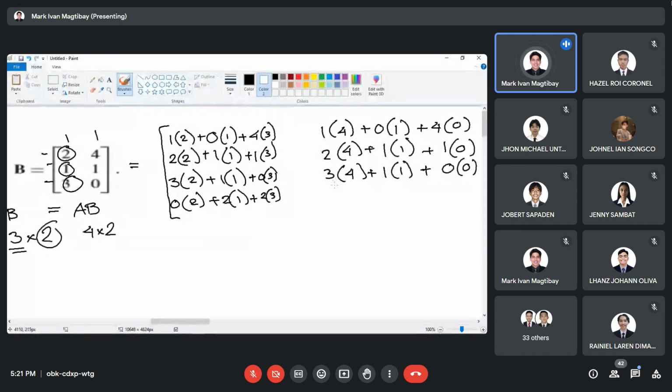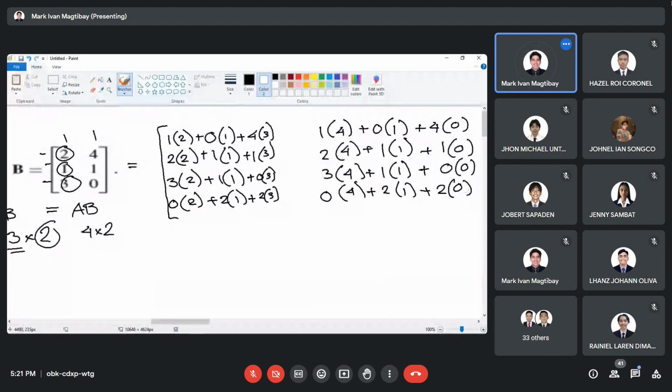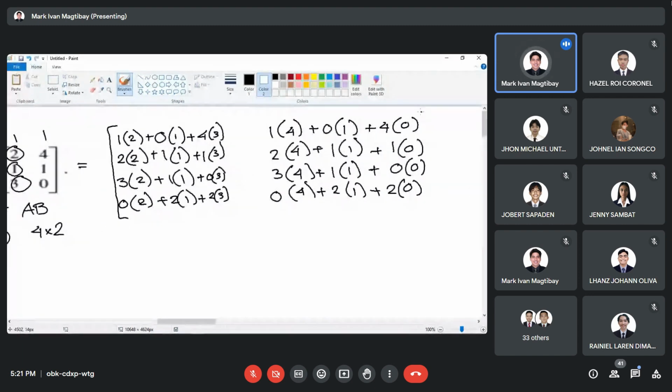Okay? And lastly po, yung pang A24 naman natin, which is the value of 0 times 4 plus 2 times 1 and then plus 2 times 0 po natin. Okay? So, nabuo po natin yung ating magiging resulting matrix po natin.